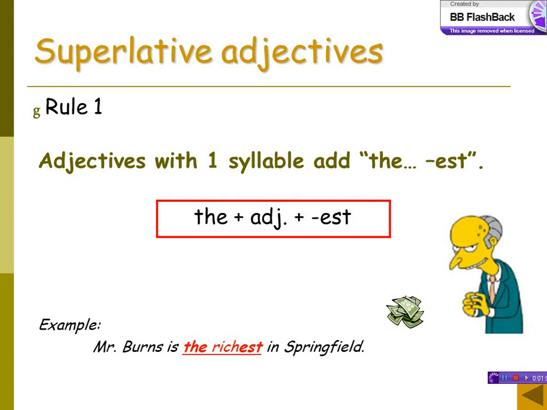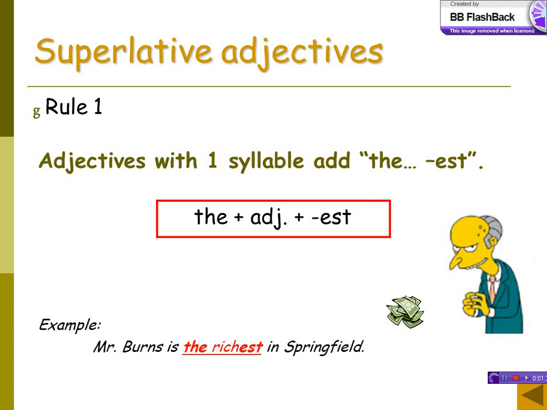We are comparing Mr. Burns in Springfield. The example says, Mr. Burns is the richest in Springfield. Again, Mr. Burns is the richest in Springfield. So here we put the before the adjective and est at the end of the adjective.